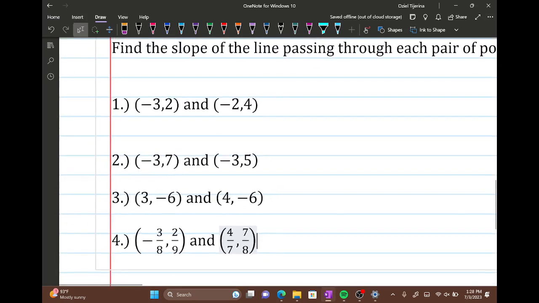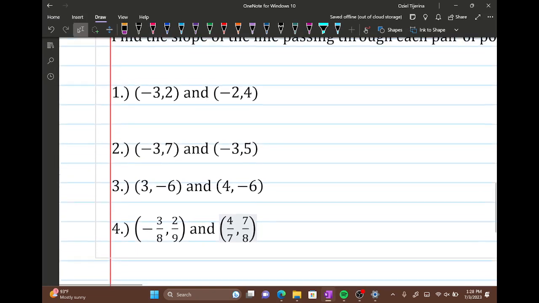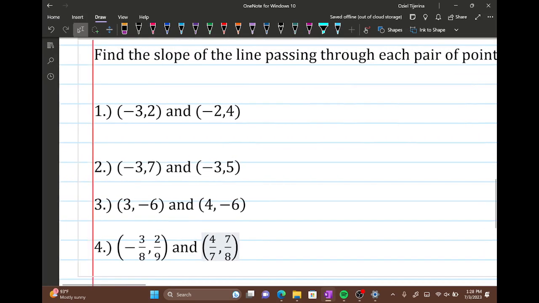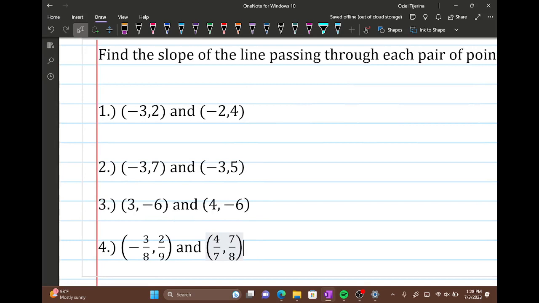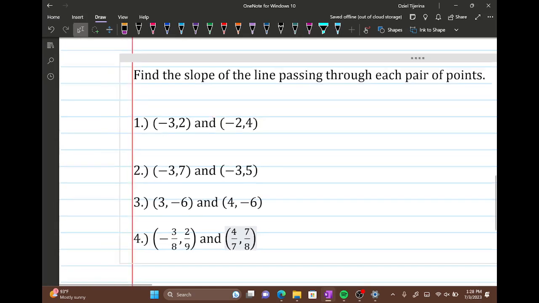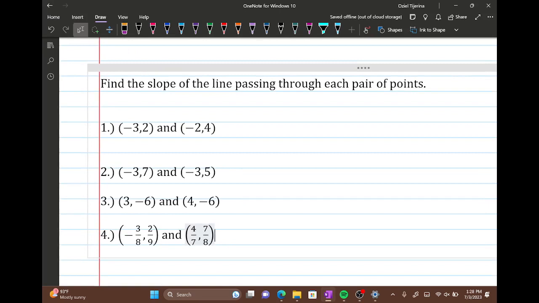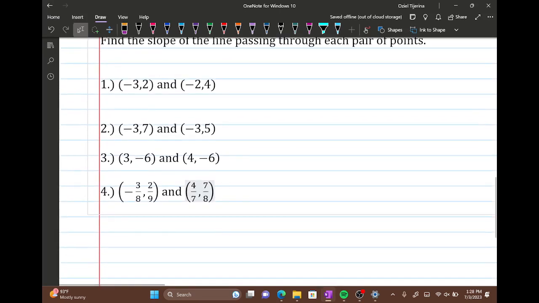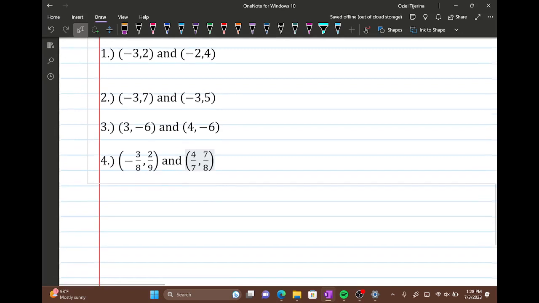But basically what I want to go over here is, let's go over the first one. So find the slope of the line passing through the pair of points. And actually, what I mean by the top is every one of these is a line, so they're not the same line at all.